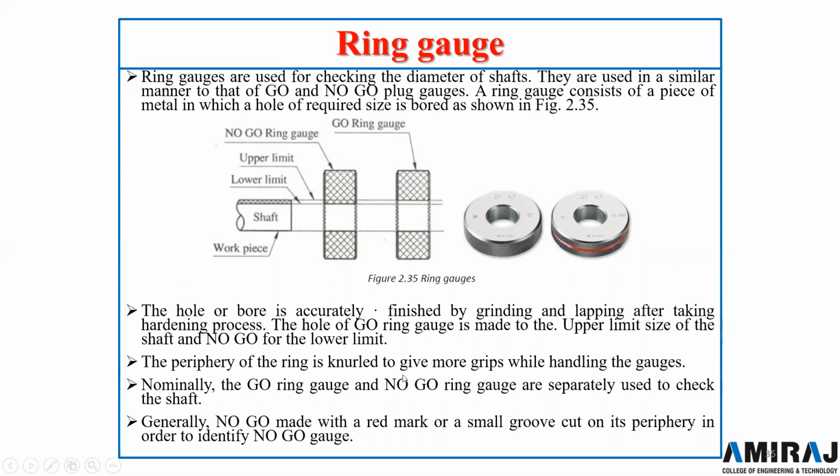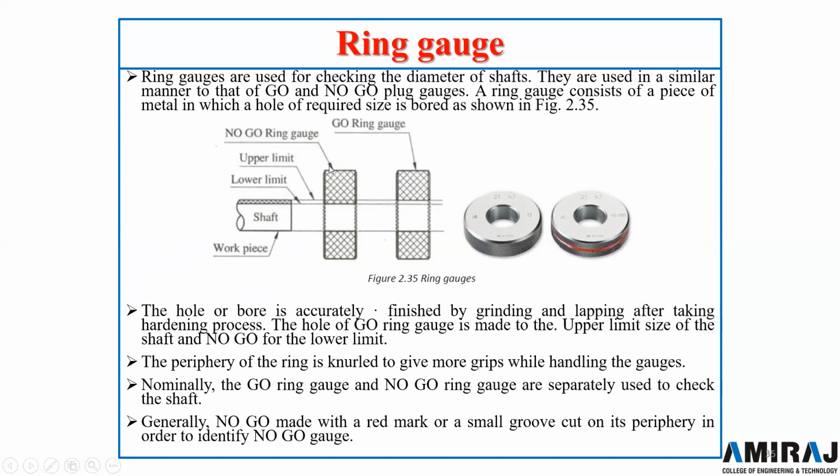The periphery of the ring is knurled to give more grip for the hand while handling the gauges. Normally the go ring and no go ring are separated.